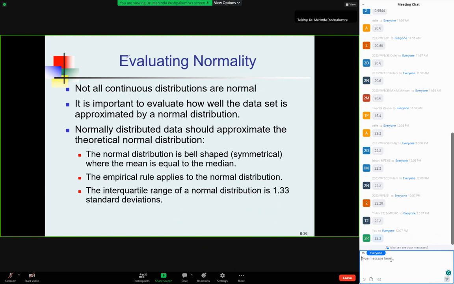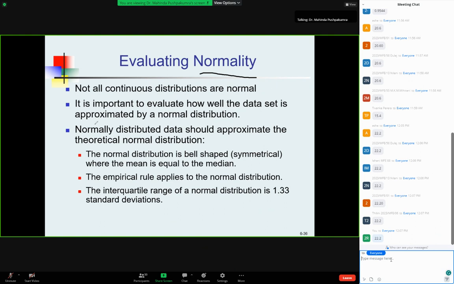You should know whether it is actually normally distributed or not. All continuous distributions are not normal. Some may be left skewed, some may be right skewed. You should know how to identify whether a distribution is normal or not.